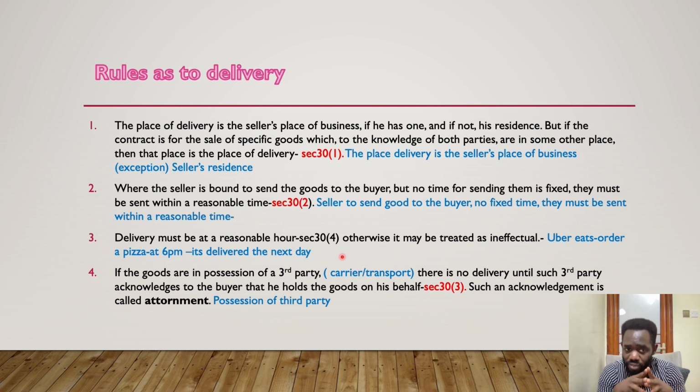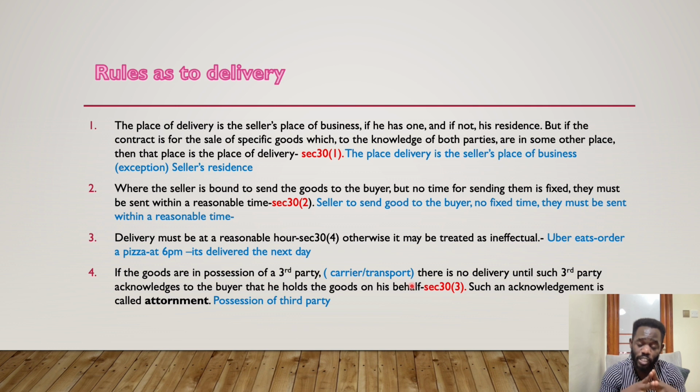Now, it is also very critical to acknowledge that we may have situations whereby we have a buyer and a seller. The seller hands over goods to a third party to deliver those goods to the buyer. In this particular instance, for delivery to be considered to have taken place, that third party, who could be a transport agent, must acknowledge to the buyer that he has received or has in possession the goods from the seller.